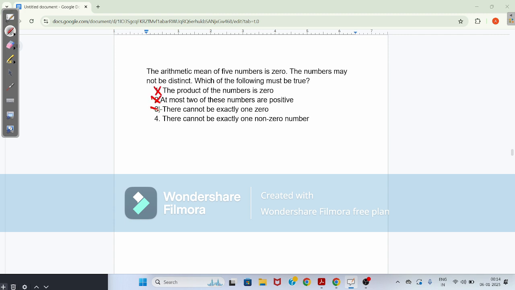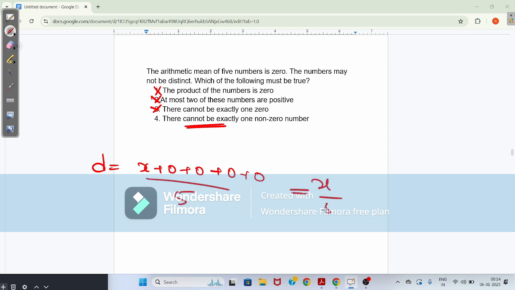This is the wrong statement. Here the mean equals x by 5, and this value will be either greater than or less than 0. This implies the numbers cannot have exactly one non-zero. This is the correct option that we have here.